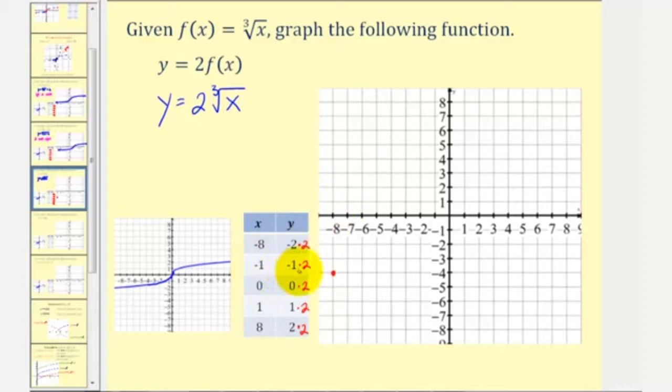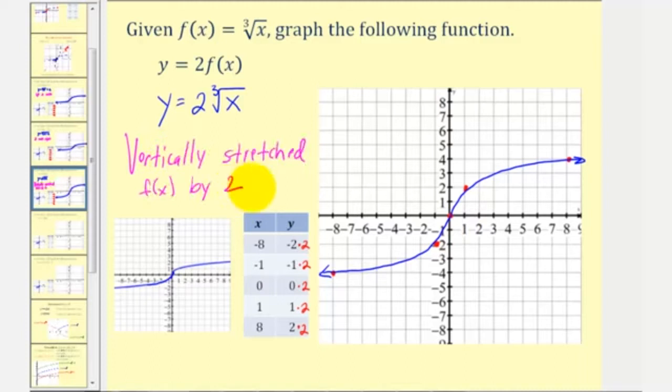Then we'd have negative 1 comma negative 2, 0, 0, 1 comma 2, and 8 comma 4. By multiplying the y coordinates by 2, we vertically stretched the basic cube root function by 2.